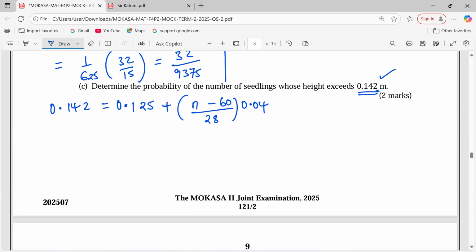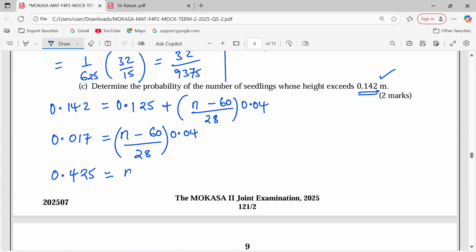This is 0.017 equals n minus 60 out of 28, times 0.04. We can divide through by 0.04 first to get 0.425 equals n minus 60 out of 28.